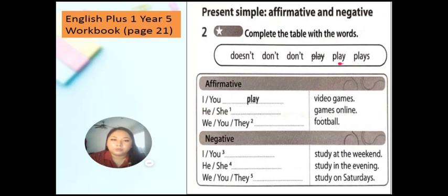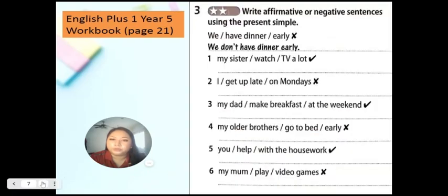Okay, you choose which one is correct. Refer to our table again. And then the negative one as well. Choose the words. We have doesn't, we have don't, we have don't. So which one is correct? You choose the correct one and write it in the blanks. Okay, so that's activity 2.